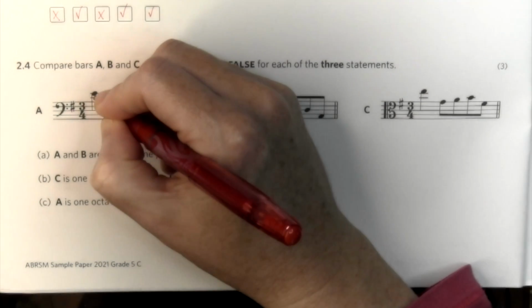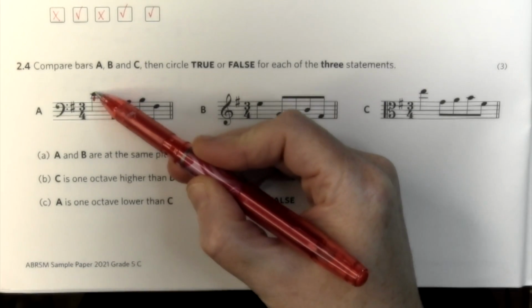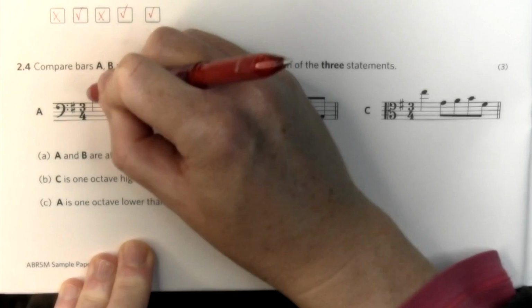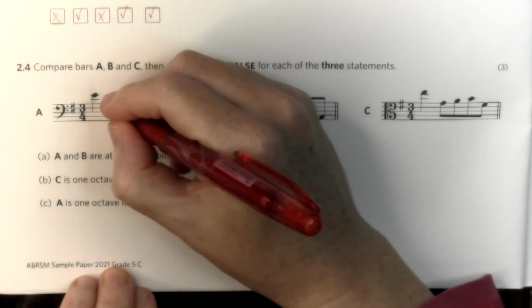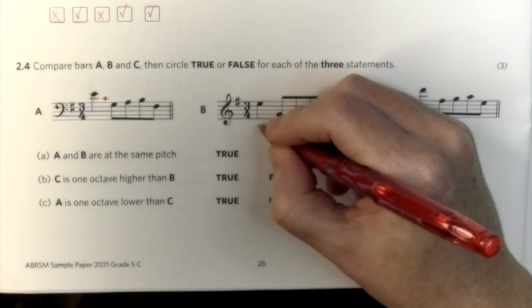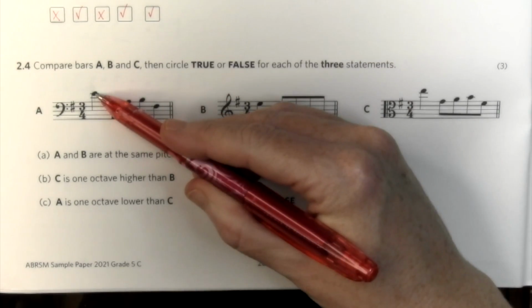If the pitch you want to know, middle C, are you above or below? In bass clef, middle C is here. So this note is just above middle C. Let me just do it somewhere where it's clearer. In treble clef, middle C is down here, so this note is an octave higher than this.